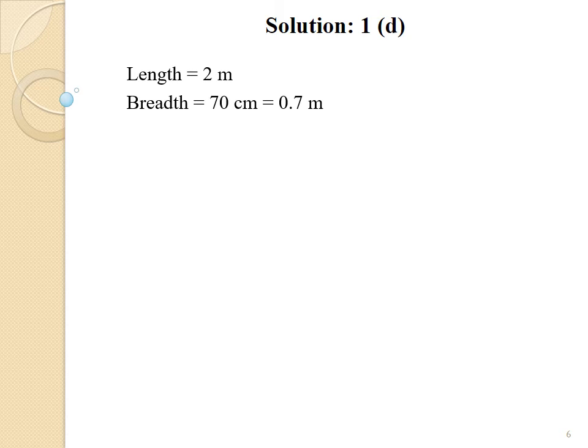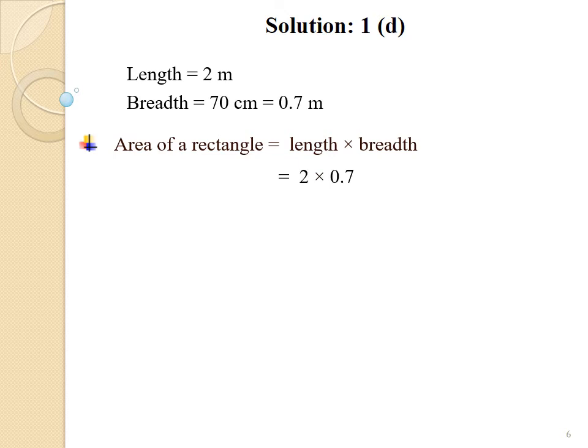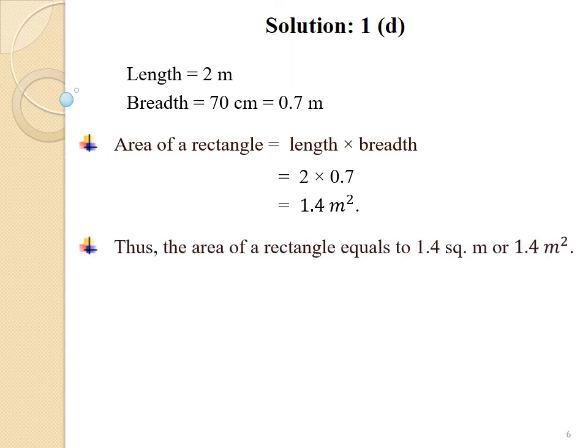Therefore, area of the rectangle equals how much? Thus, area of the rectangle equals length into breadth equals 2 multiplied by 0.7 equals 1.4 square meters. Thus, the area of the rectangle is 1.4 square meters.